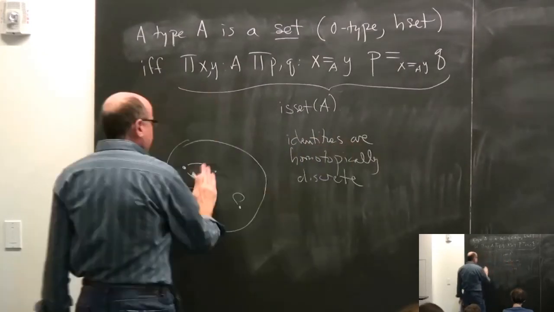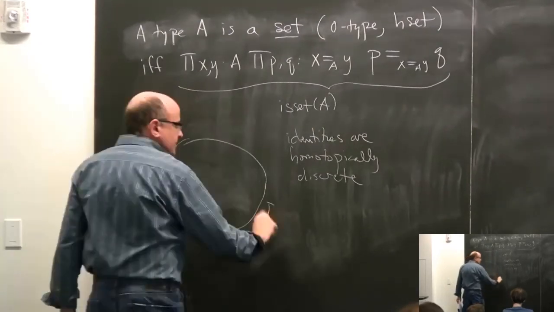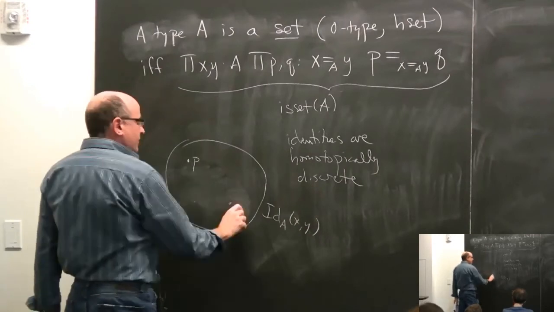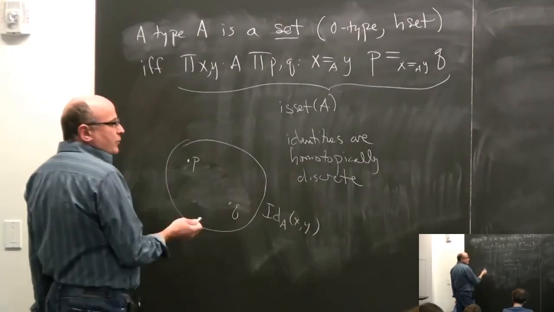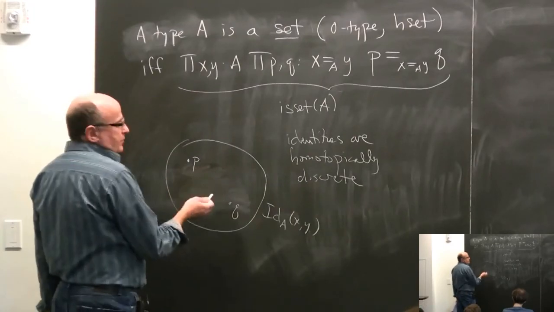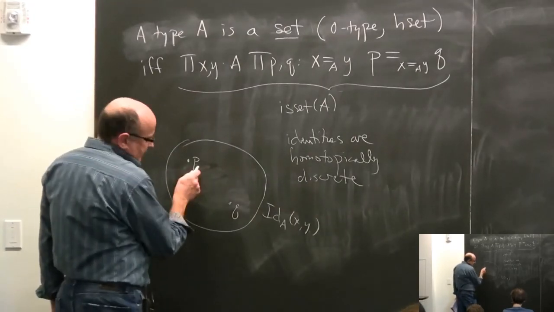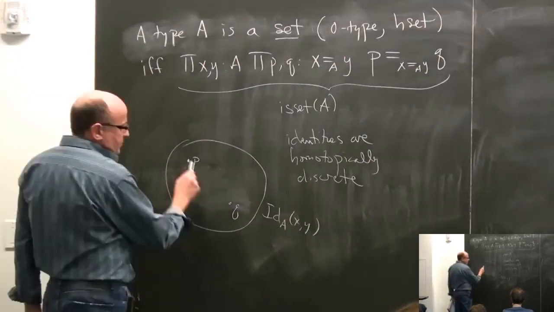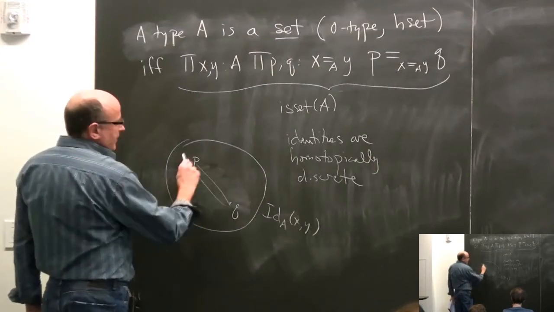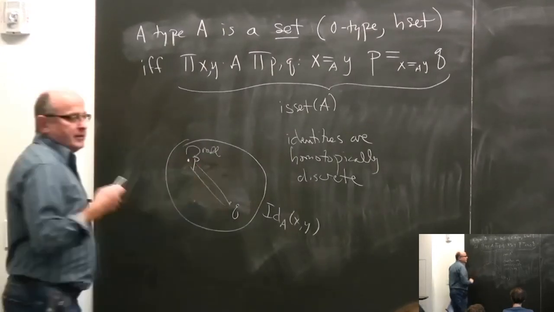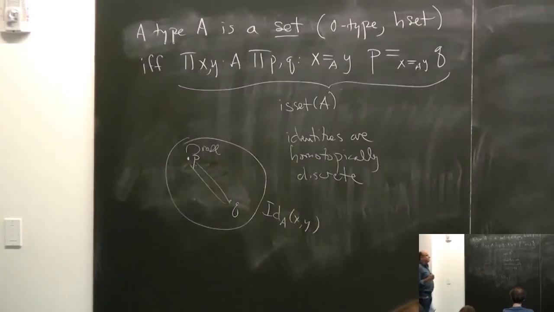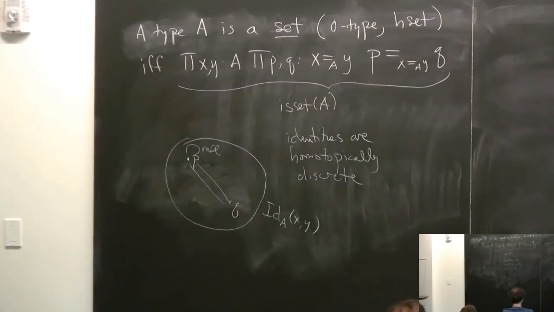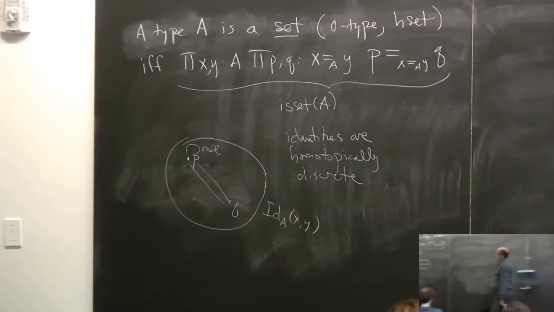So if you go one level up and look at this as the identity of A between x and y, so we have a p around here and we have a q around here, they can't be different. There can't be a path between them. Anyway, they're all equal to reflexivity. If there's a path between them, you can go here, you can go here, and that loop is equal to reflexivity. Okay, that's a way of saying what's going on. So there's at most one way to say the two elements are equal.